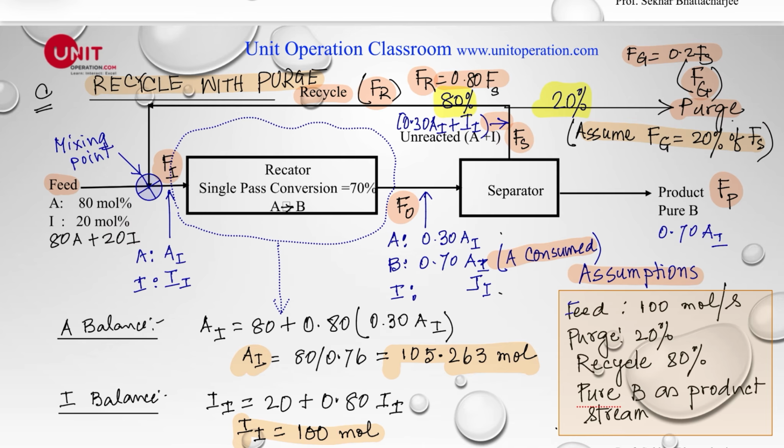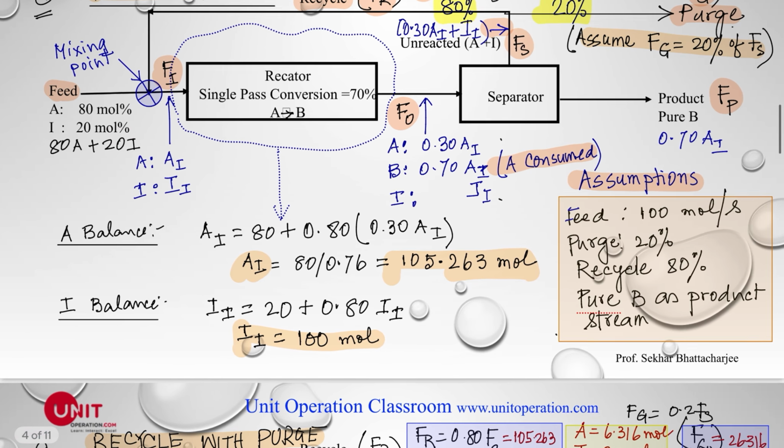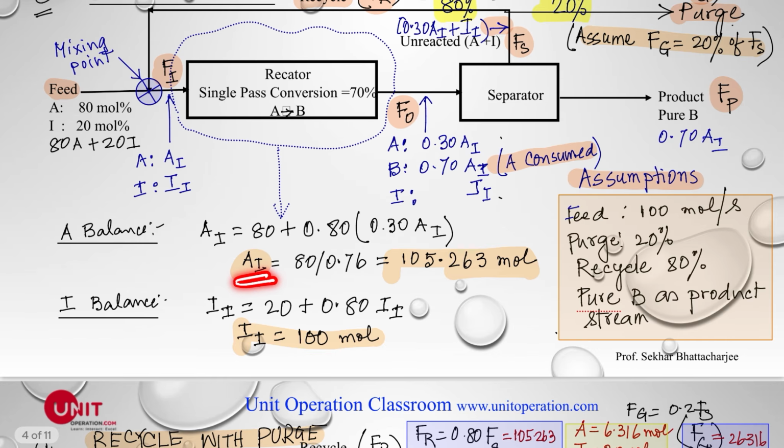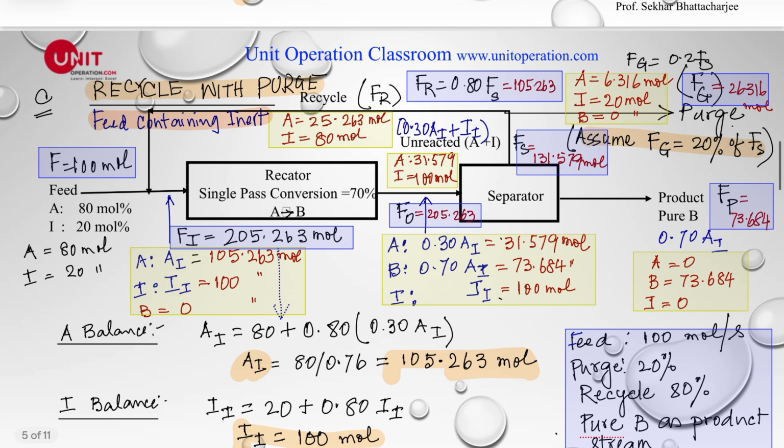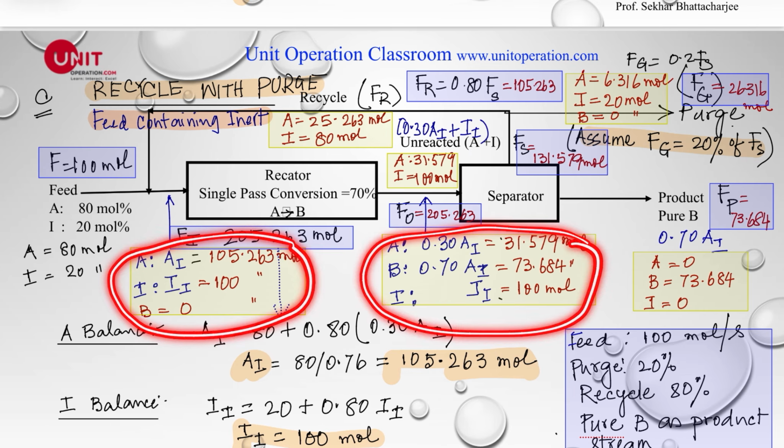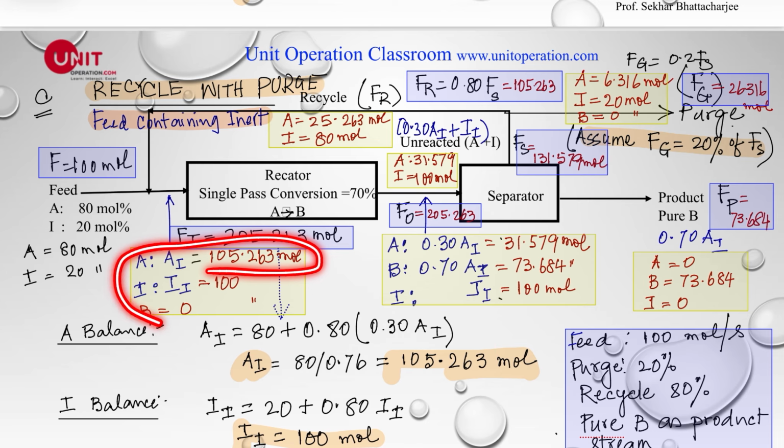So with that calculation, the total number of moles of A here is 105.263 and inert is 100 moles. So the total here is 205.263. If we do all the calculations and put the numbers here, I have put in all the numbers right here. So these are the values. This is 105.263, I is 100 moles. Of course, B is equal to 0 because the entire B is taken out.